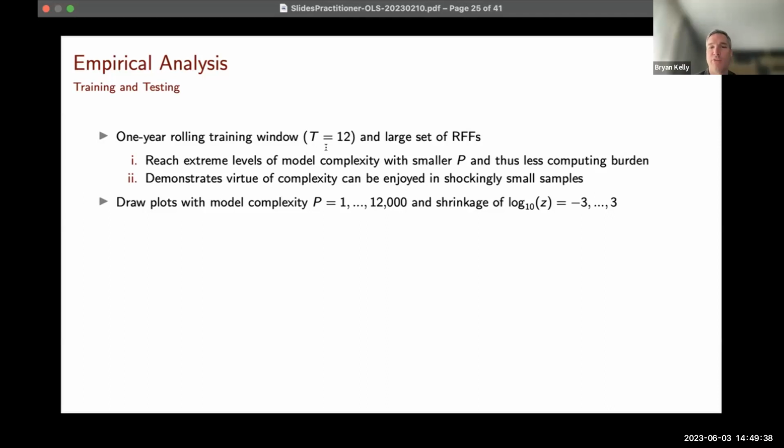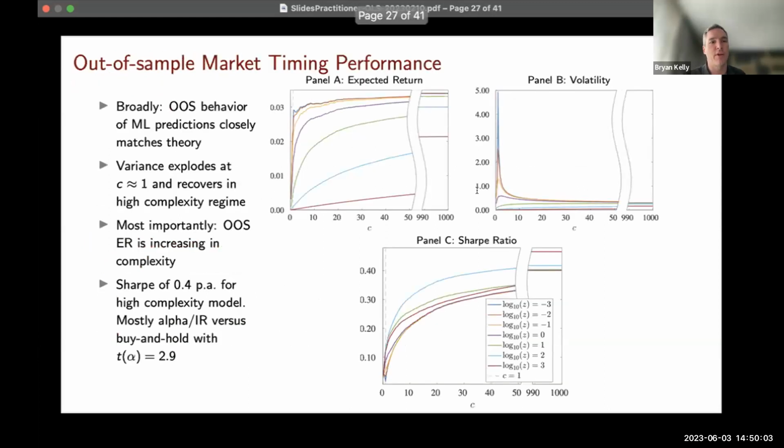If T is 12 and I use a P of 12,000, I can get to a complexity of 1,000 with less computation than if I used, say, T equals 100. That's actually a small reason. It's not too hard to compute. The bigger reason is that I want to be able to demonstrate that this virtue of complexity shows up in surprisingly small samples, right?